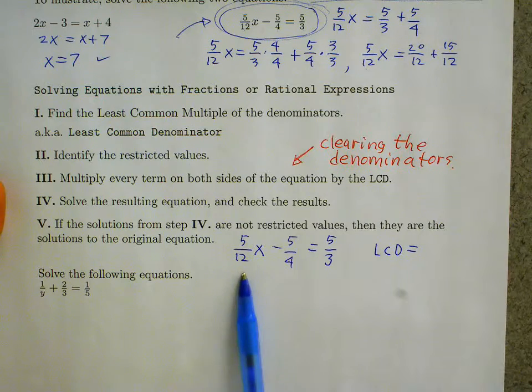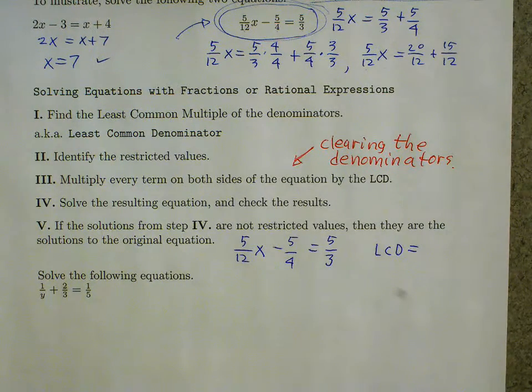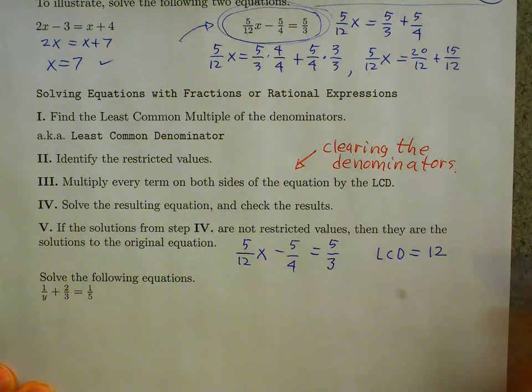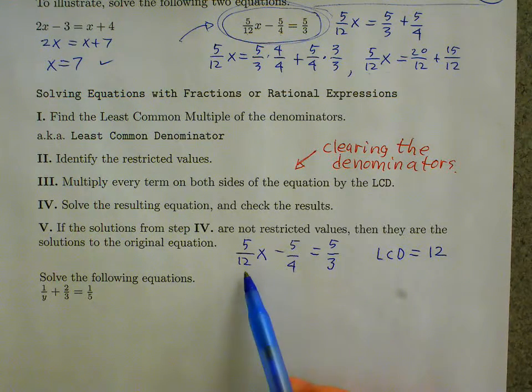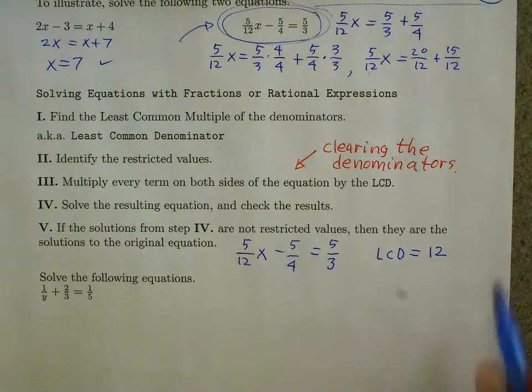The denominators are 12, 4, and 3. So the least common multiple of 12, 4, and 3 is 12. Okay, then multiply every term on both sides by 12.